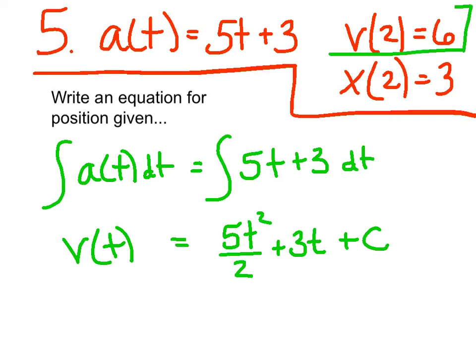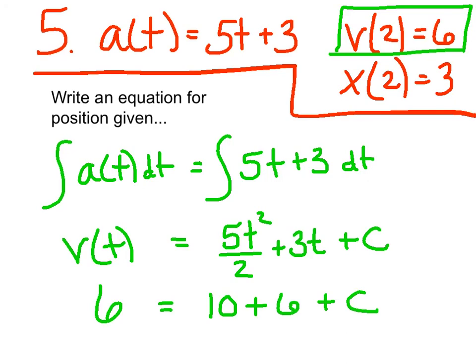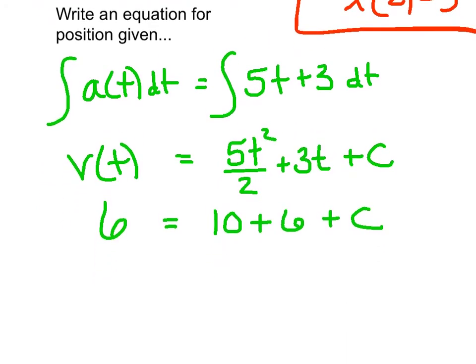I'm using the initial condition for velocity here, so I'm plugging a 2 into t and a 6 into v of t. And it looks like I get c equals 10. Hopefully you're checking my math there.